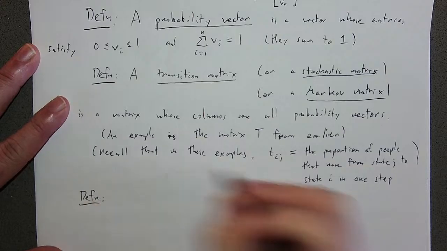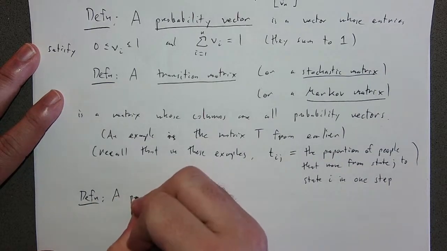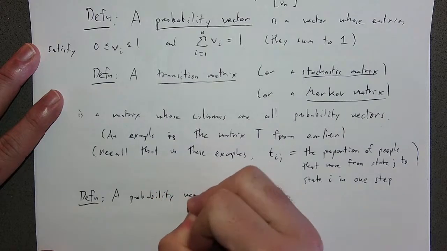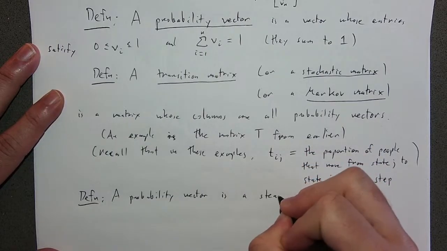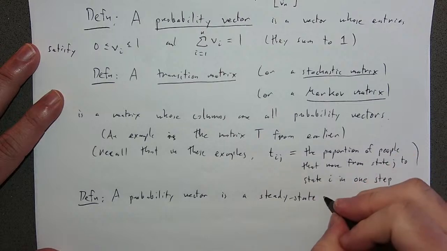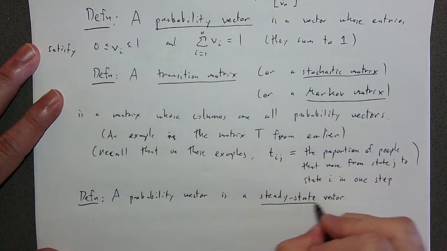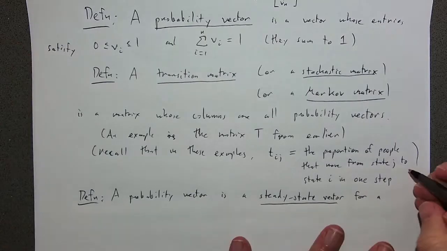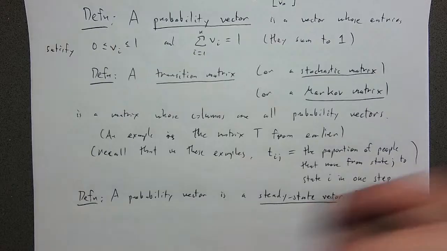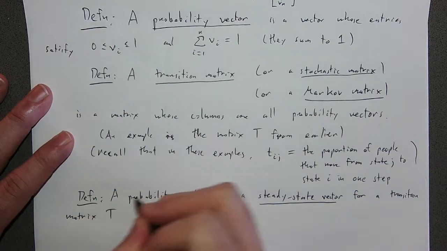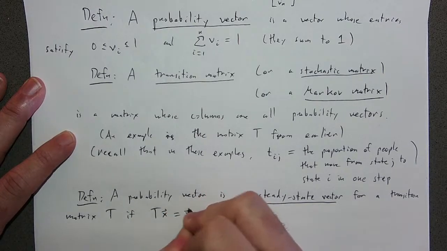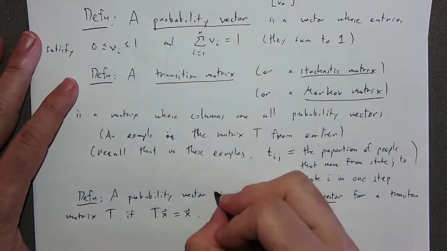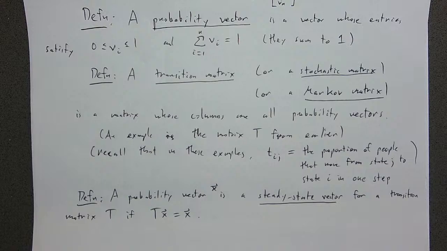Okay, so we have some more definitions. Next definition. A probability vector is a steady state vector for a transition matrix T if it is fixed by T. So maybe we'll say a probability vector x is a steady state vector for a transition matrix T if T times x is equal to x.